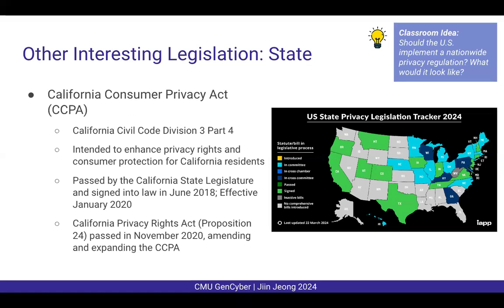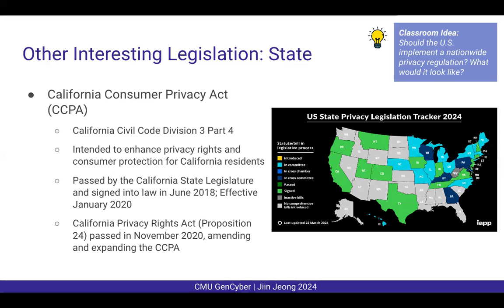Another interesting legislation on a state level is our privacy regulations, because currently at the moment, the US does not have a nationwide privacy regulation, but there is legislation by state. One prominent example is the California Consumer Privacy Act, or the CCPA, which was established in California Civil Code Division 3, Part 4, and it intends to enhance privacy rights and consumer protection for California residents.